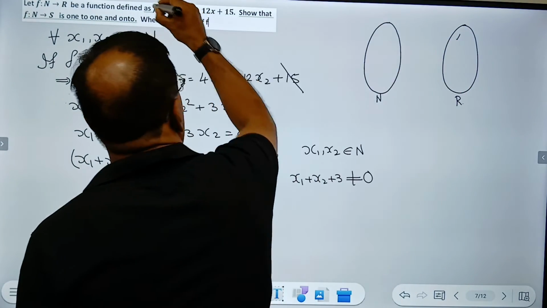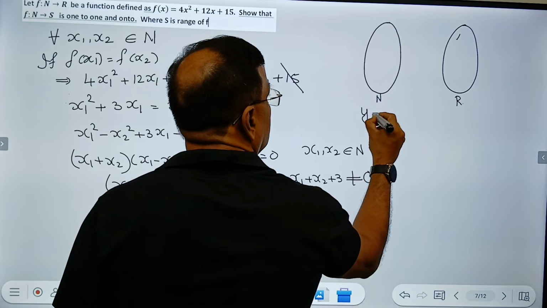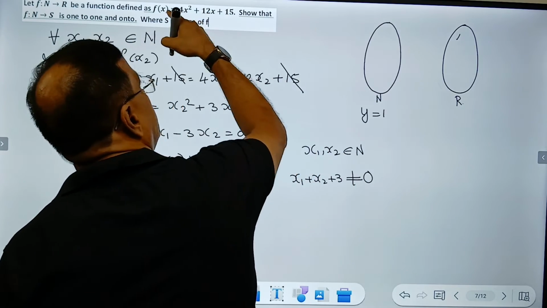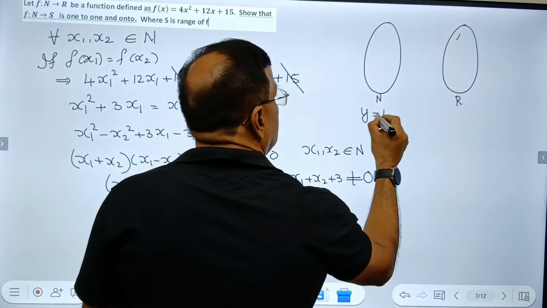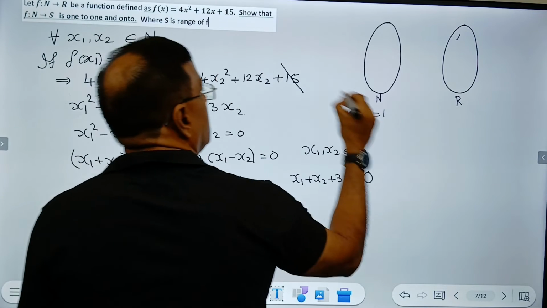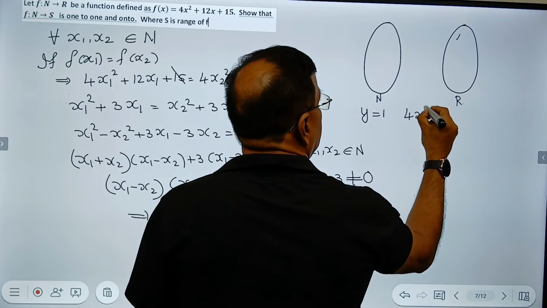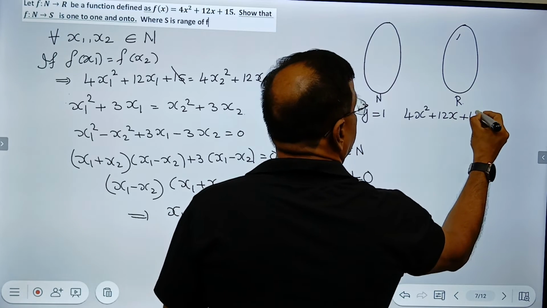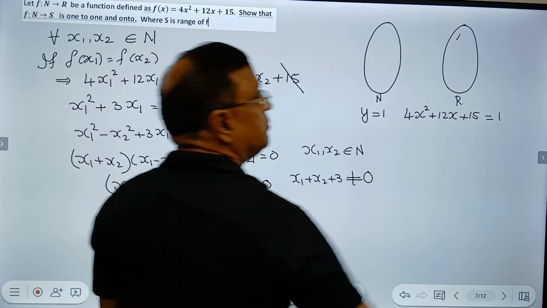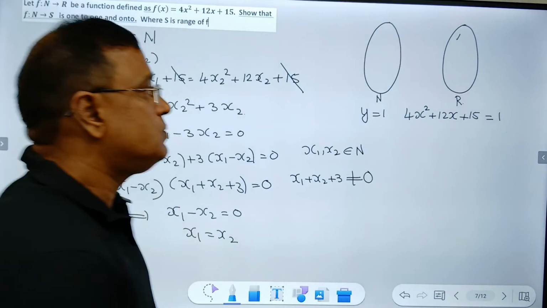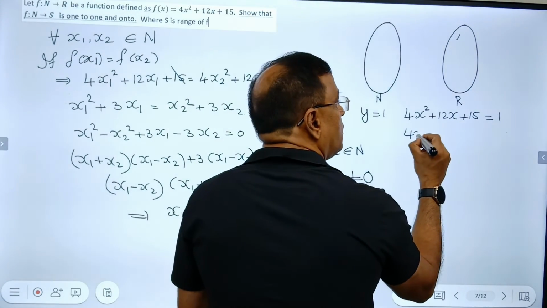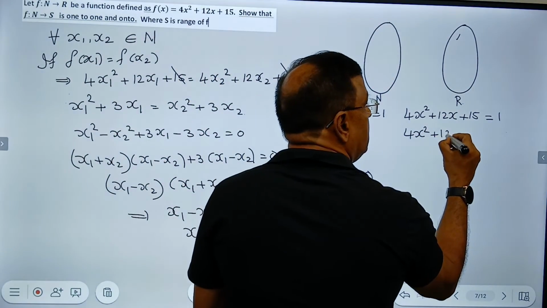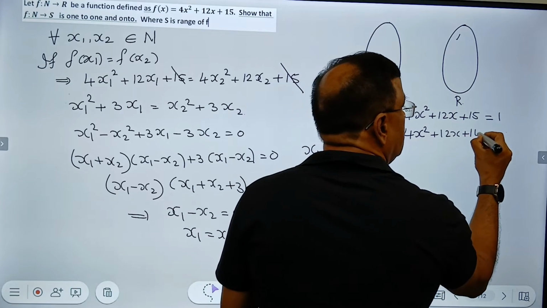Put y equal to 1 and I want to find the corresponding x for that. So when I put y equal to 1, what do you get? 4x square plus 12x plus 15 equal to 1. So what do you get from this? 4x square plus 12x plus 14 equal to 0.